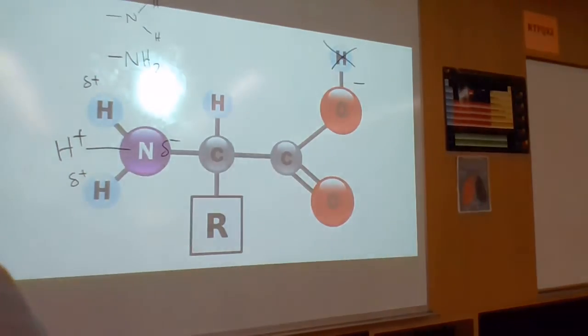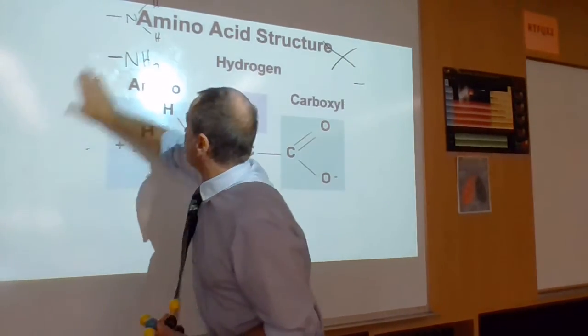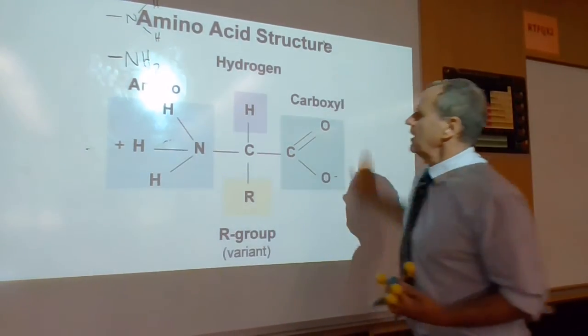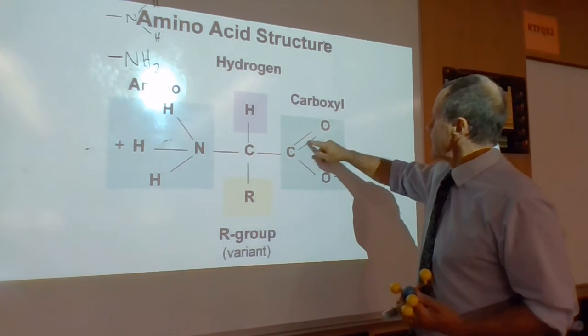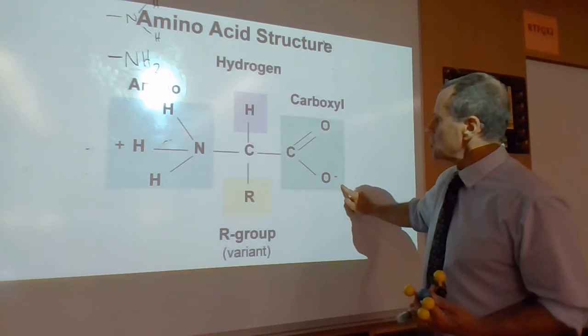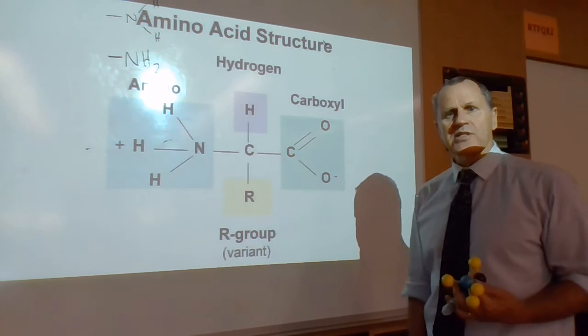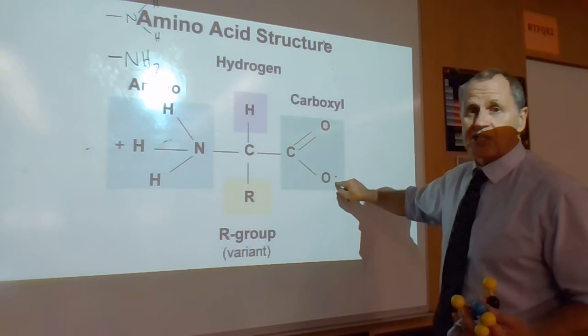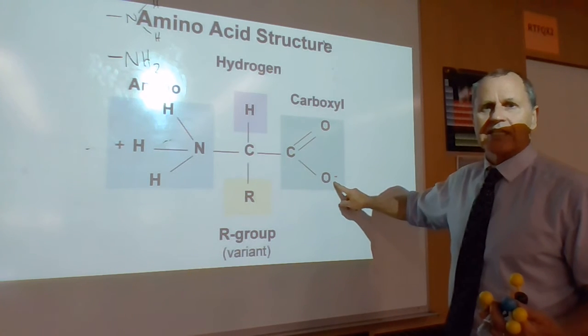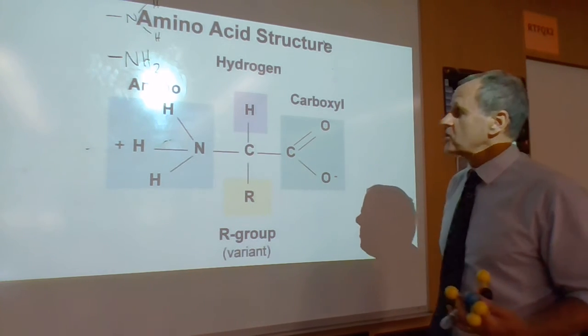So when it is in water, let's rub all this out for the moment. It looks like this. So some diagrams, you'll see a COOH, but some diagrams, the one that shows what's happening in water and therefore in our body, you'll see the H+ gone and a minus left here, a negative charge.